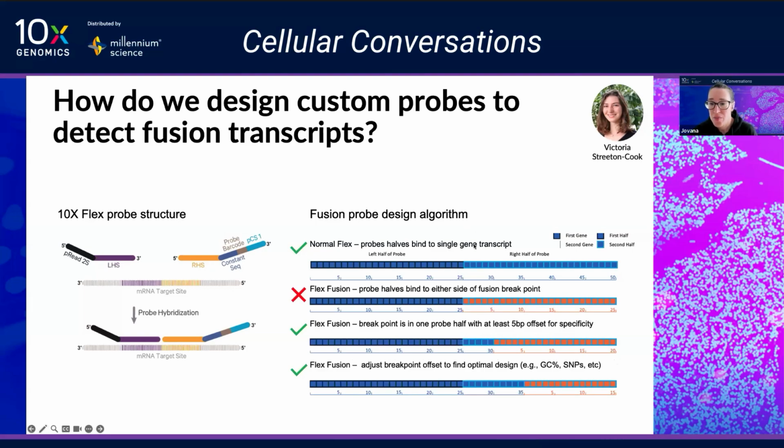And when you have this ligation, it counts as detected, it's sequenced, and you get a count. That's great for normal genes, but if you remember at the very start, I said the key signal that we're looking for in detecting fusions is the breakpoint. And we thought, well, this is the thing that's unique to the fusion, but we don't really want to put a probe half either side of the breakpoint, because we were concerned that would affect specificity, and that each of the probe halves would also be competing for binding with the wild type gene.